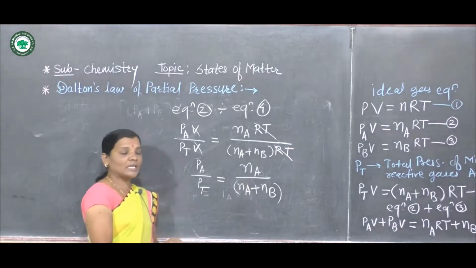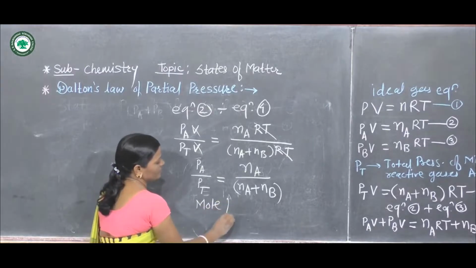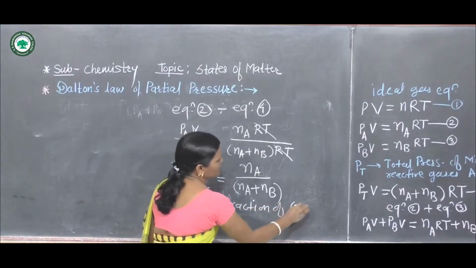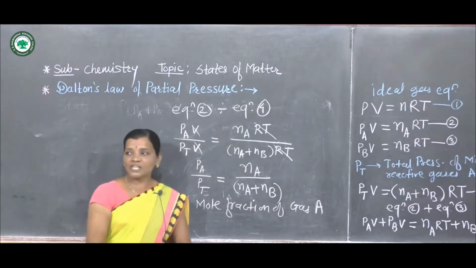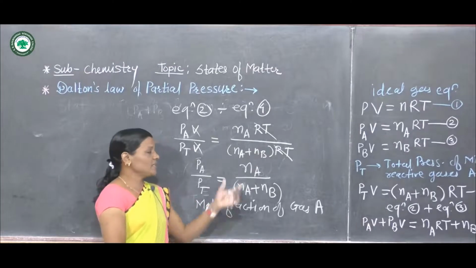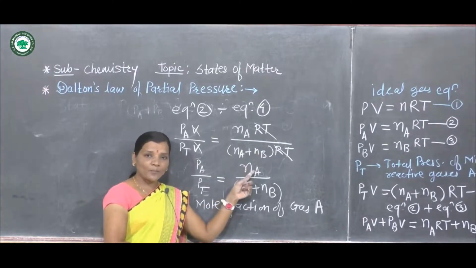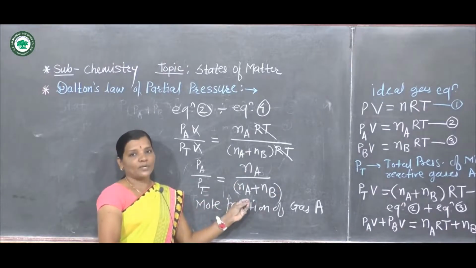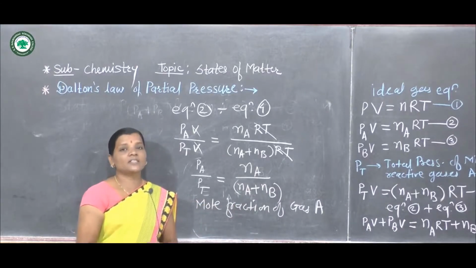This ratio is nothing but the mole fraction of gas A. What is mole fraction? Mole fraction means it is the ratio of number of moles of that component divided by the sum of total number of moles of all the components present in the mixture.